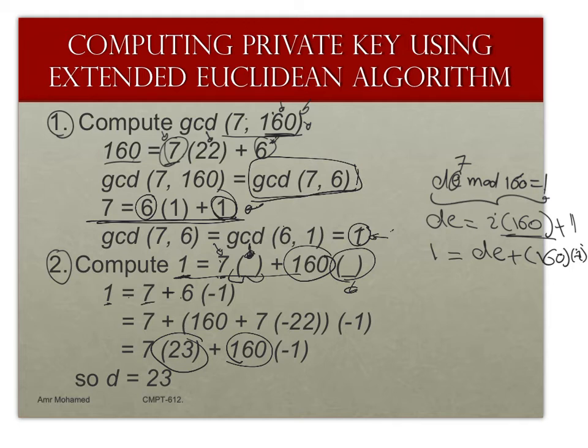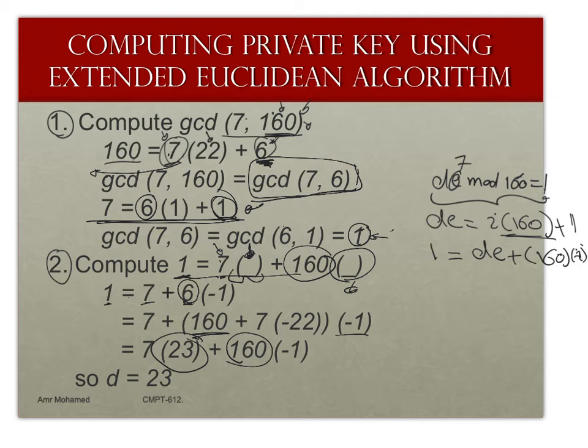So we do the reverse engineering. From this equation here, the 6 is a linear combination of the 160 and the 7. So instead of the 6, we put the 160 minus 7 times 22, all times minus 1. Now we have 160 in the equation, which is good news.